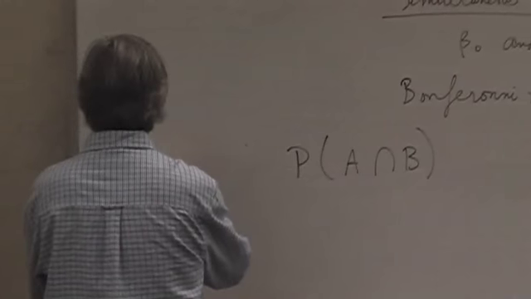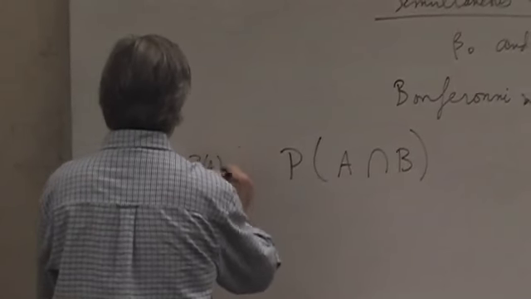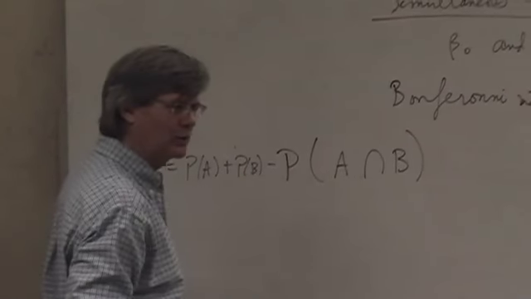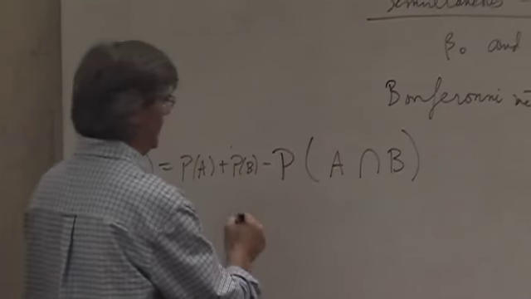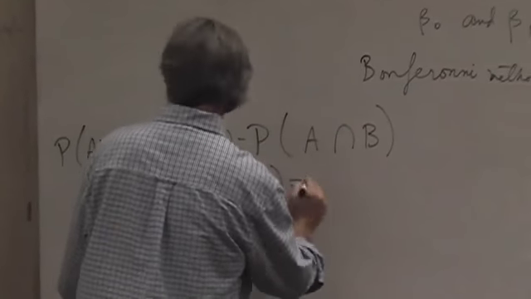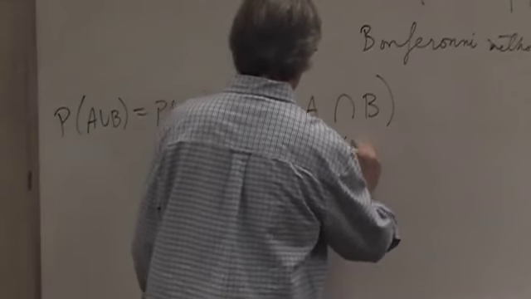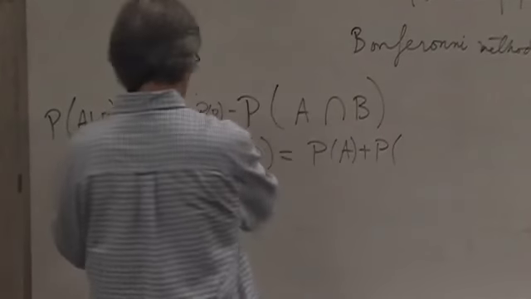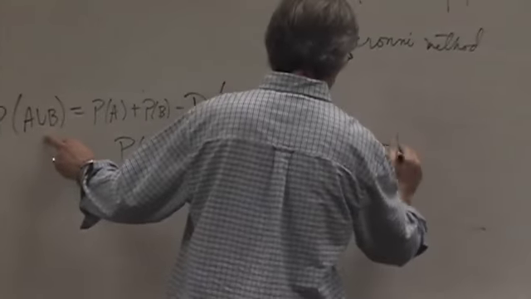The general formula is probability of A union B equals P(A) plus P(B) minus P(A intersect B). That's the inclusion-exclusion formula. Now let's turn it around. You get P(A intersect B) is equal to P(A) plus P(B) minus the probability of the union.